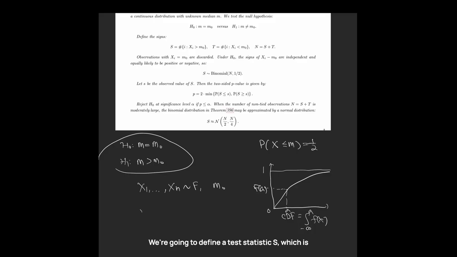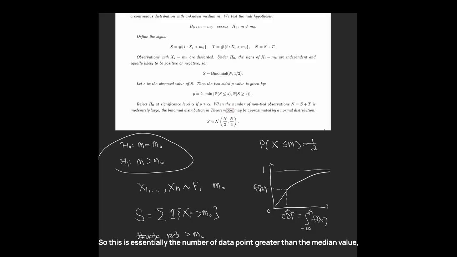So how should we test for this set of competing hypotheses? Now suppose you have, again, n data points from some unknown distribution where the median value under the null hypothesis is m0. We're going to define a test statistic S, which is equal to the sum of the indicator random variables of whether the x_i data point is greater than the median value. So this is essentially the number of data points greater than the median value.